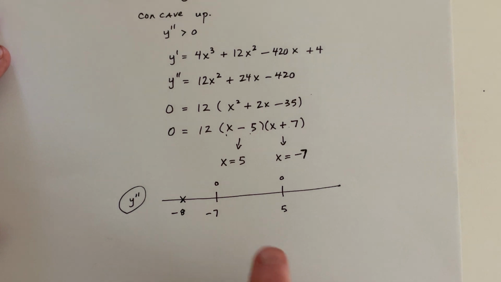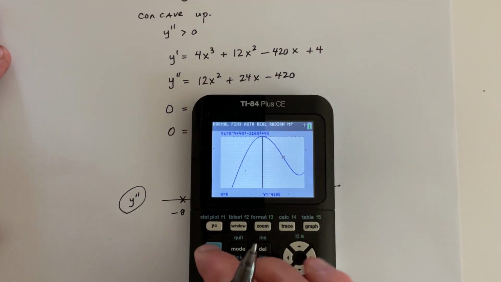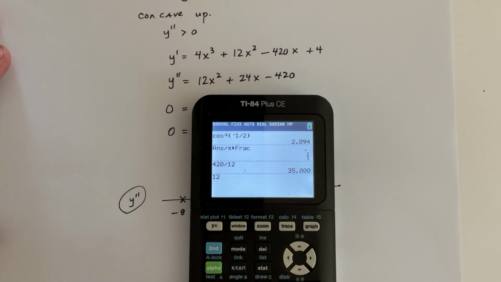So if I take a negative 8 and plug it into the second derivative, that would be 12 times negative 8 squared, plus 24 times a negative 8 minus 420.